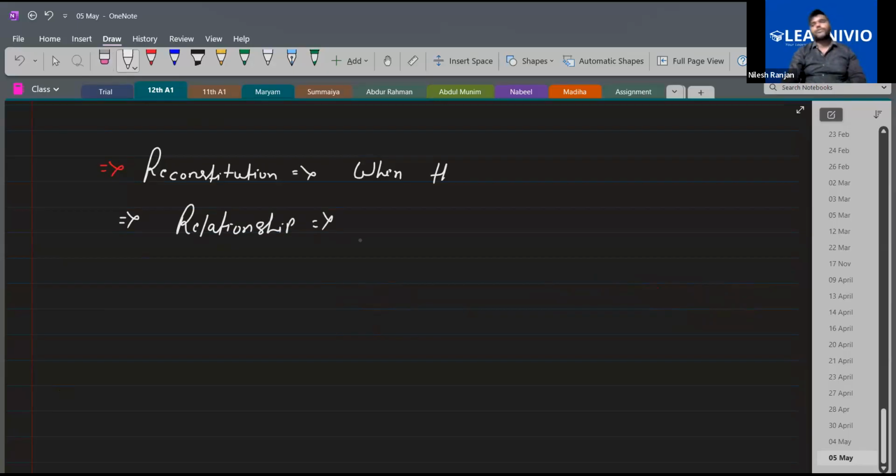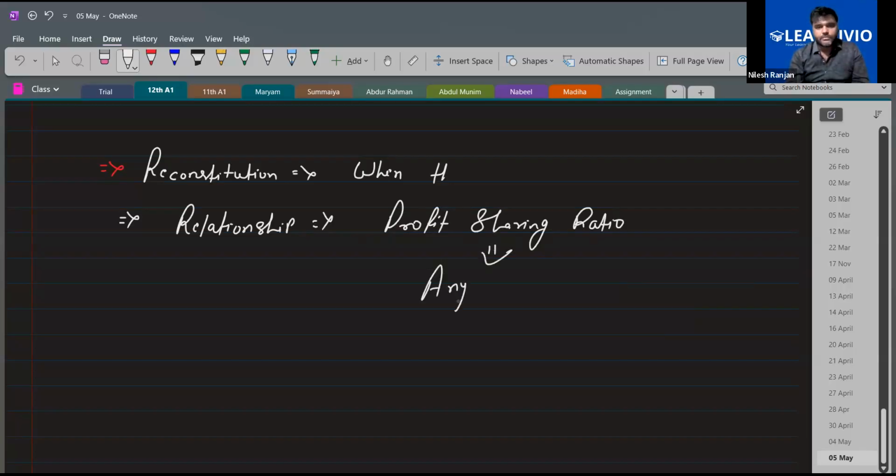A relationship means they are related with each other by profit sharing ratio. Yes. So if there is any change in profit sharing ratio, then it is called change in relationship between partners.